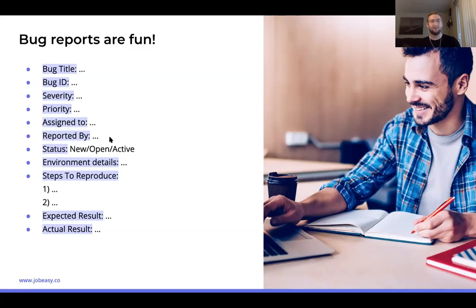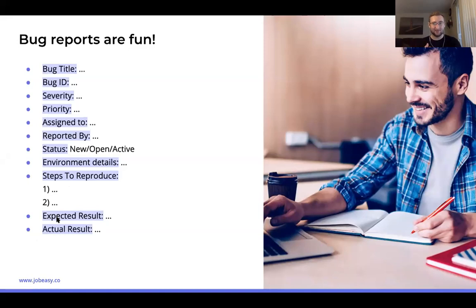Reported by, there would be your name, status, we will cover it later. Environment details, steps to reproduce, where we basically explain how we get to that point of seeing the error, seeing the flaw. And then we provide what we expect to see and what is the actual result.